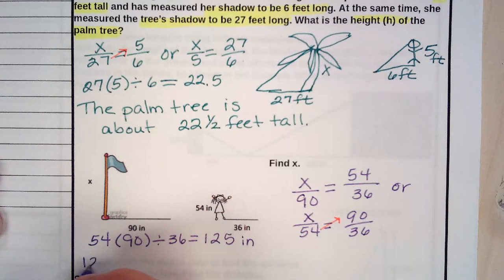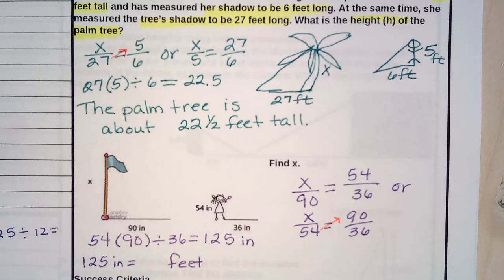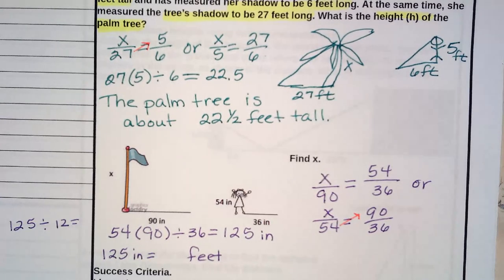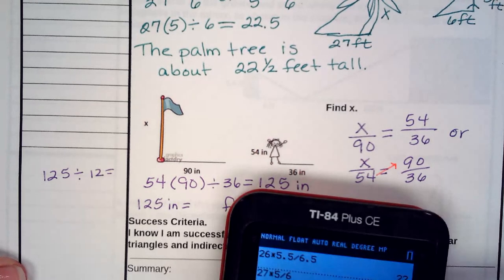So 125 inches is equal to how many feet? Well, I take 125 and I will be dividing it by 12 because there's 12 inches in 1 foot. So you take the total number of inches and divide it by 12.